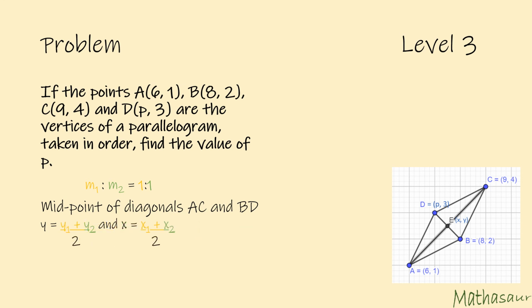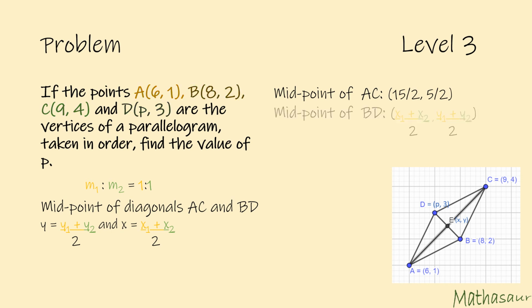Alright, now what we're trying to do is find the coordinates of point E. So let us look at segment AC first and try to find out the coordinates of point E with respect to A and C. Let us substitute the values. We get point E as (15 by 2, 5 by 2). Now let us do a similar exercise for the segment BD.